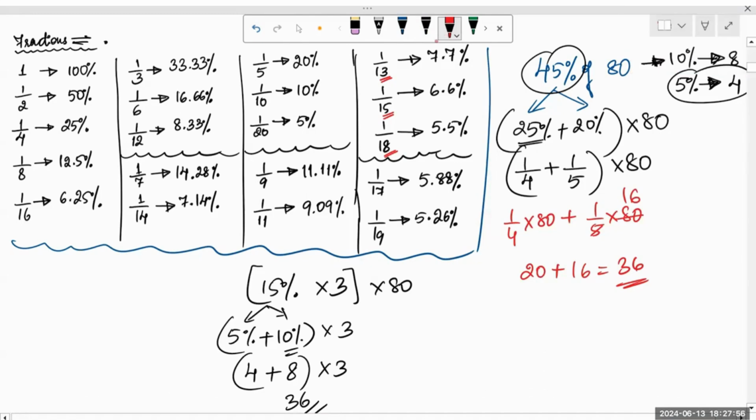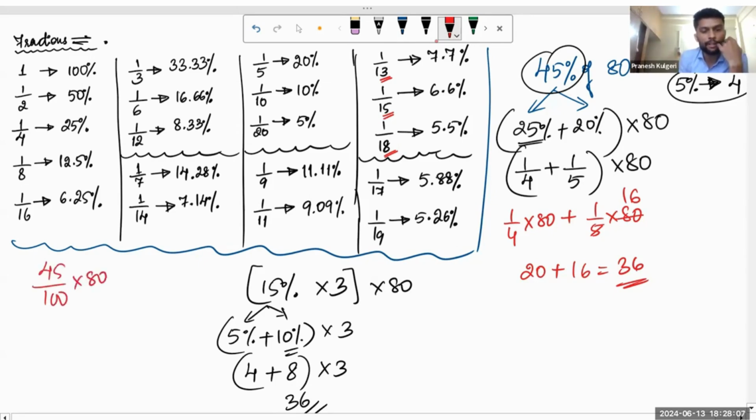Sir, what if we do using the formula? Will that not make it easy? 45 by 100 into 80, I say? Like, sir, X divided by 85 multiplied by 100 is equal to 45.